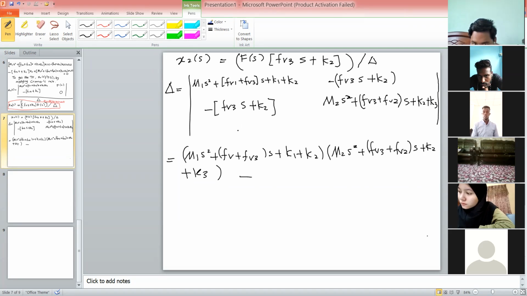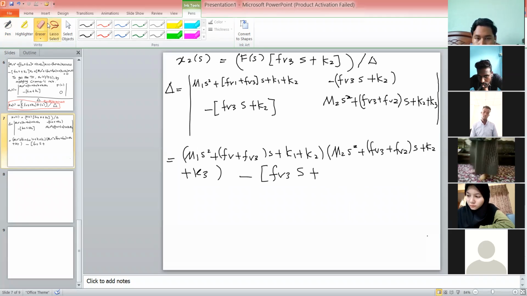So minus FV3 S plus K2, plus K2 square, right?